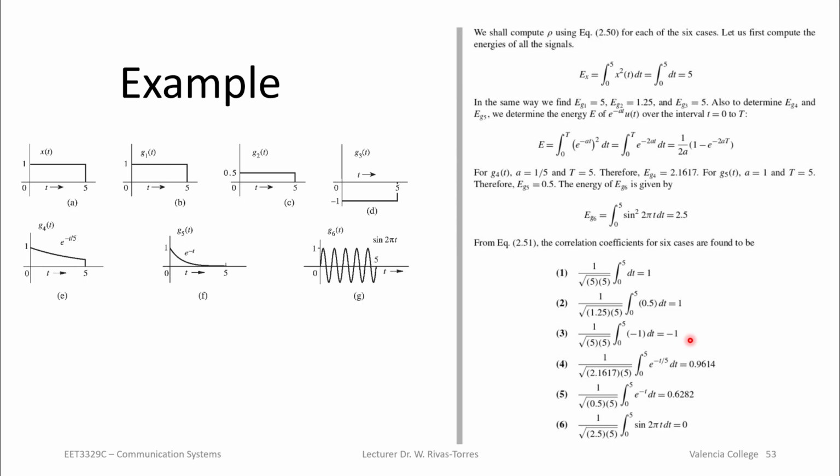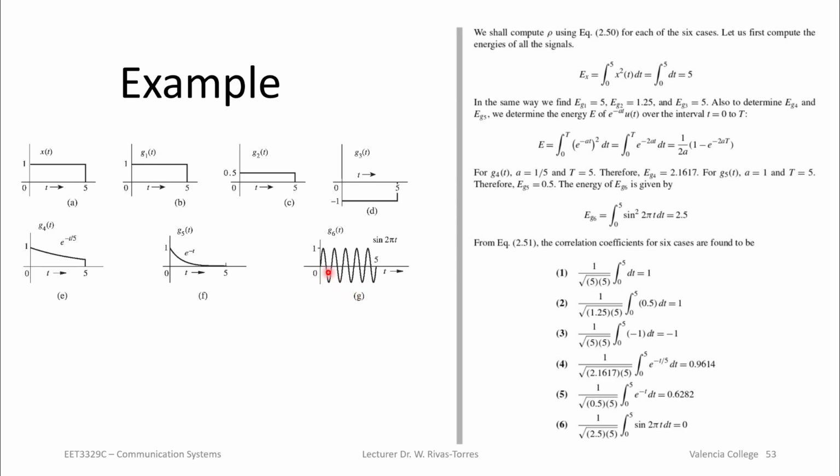With the exponentials, you can see there's some likeness to the original x of t, but because of the exponential, it's really not a constant coefficient. You're multiplying by e to the minus t over 5, for example. So the correlation factor is not 1, but it's not 0 either: 0.96. And then the next one is 0.62, as the exponential dropped so much faster.